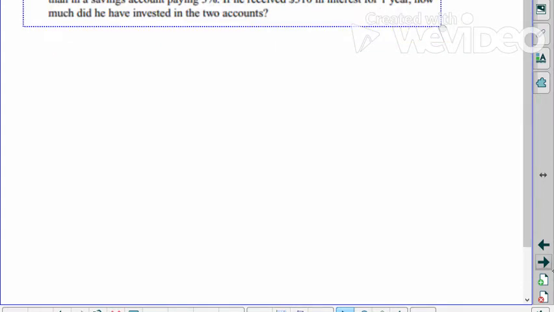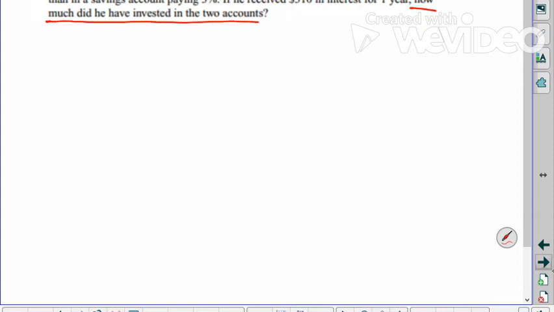All right. This one is labeled as an investment problem. So Miguel has $3,000 more invested in a mutual fund paying 5% interest than in a savings account that pays 3%. If he received $310 in interest for 1 year, how much did he have invested in the two accounts? That tells me what my variables need to be.